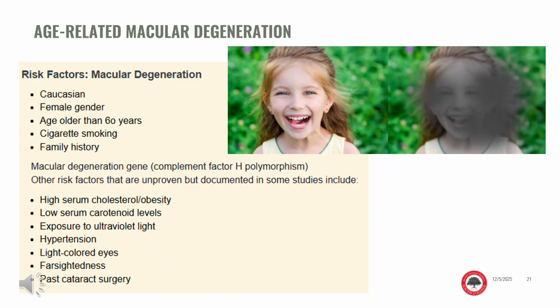The other condition is known as exudative or wet AMD, and it typically presents with a sudden decrease in vision that requires immediate referral to an ophthalmologist. Wet AMD accounts for approximately 10 to 15% of all cases in Northern America, and there can be a progression from dry to wet macular degeneration.